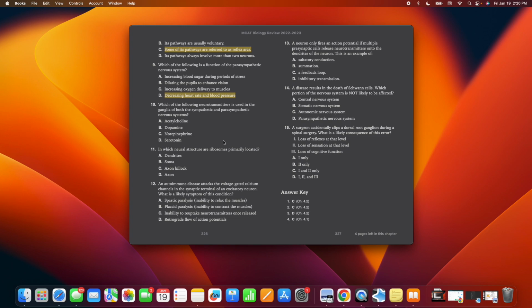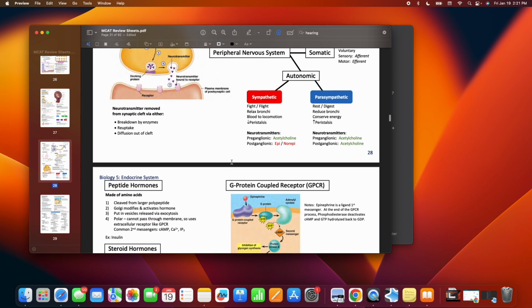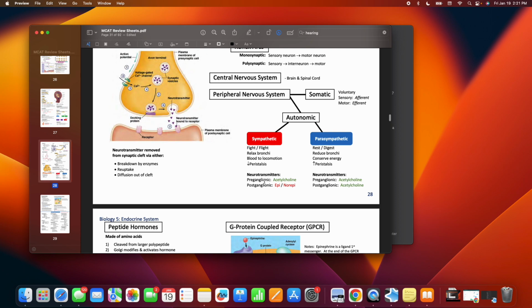So we know that acetylcholine is used a lot. So it's only norepinephrine and epinephrine, I think, in the sympathetic. We had it here. So, sorry, it's post-ganglionic stuff.